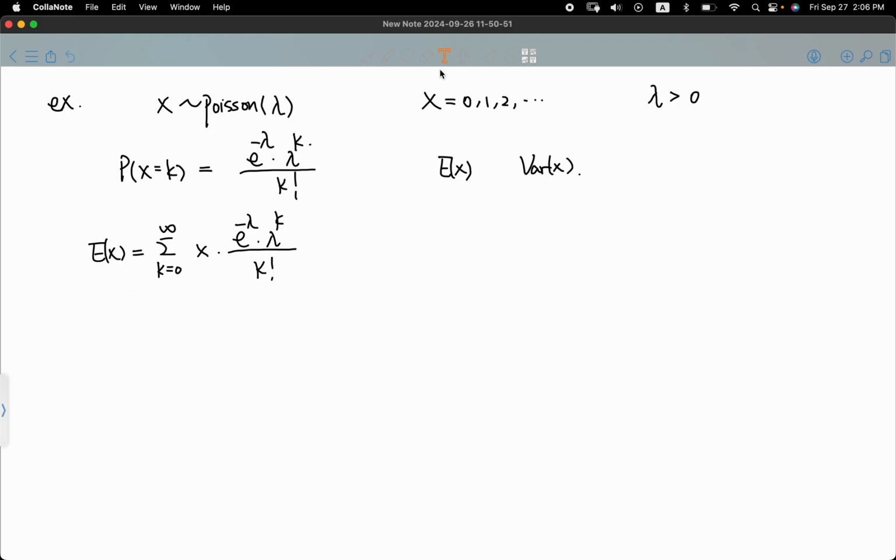Here I'm just going to write this as k, as this is the random variable here, or maybe just to make it consistent with your formula, I'll just use x: x times lambda to the x over x factorial.